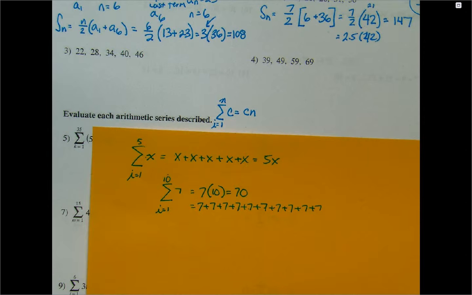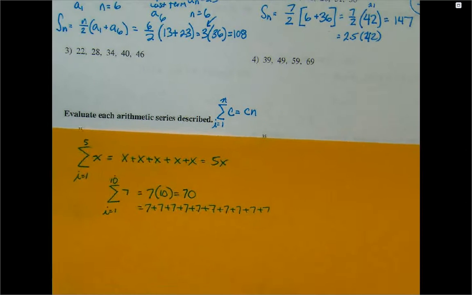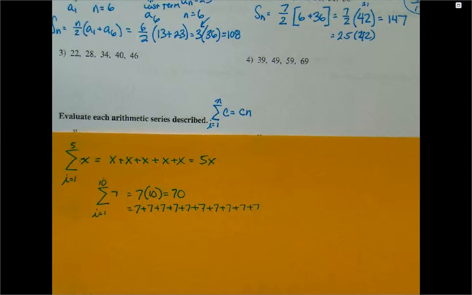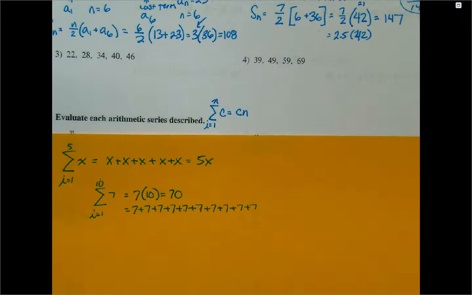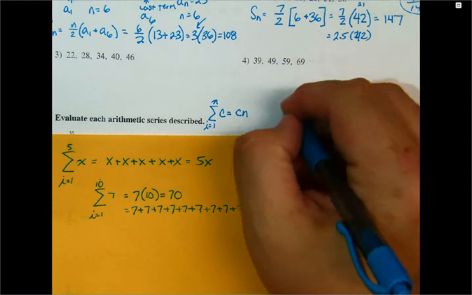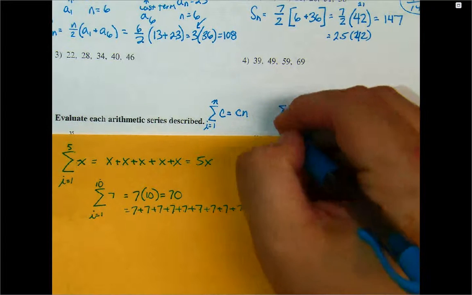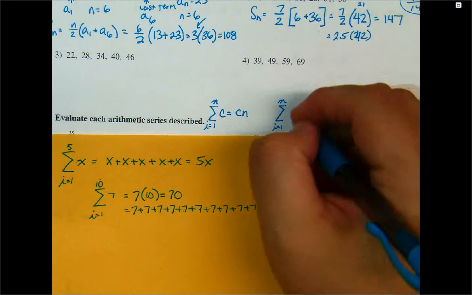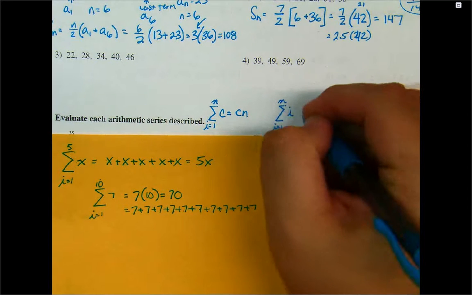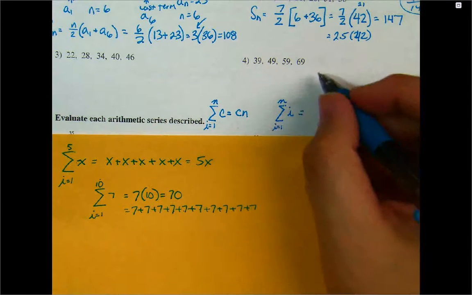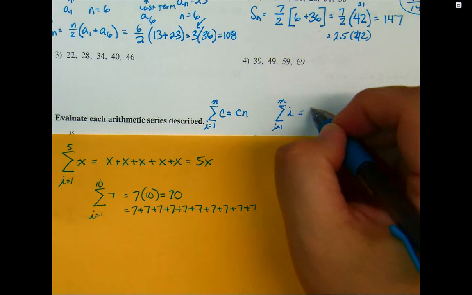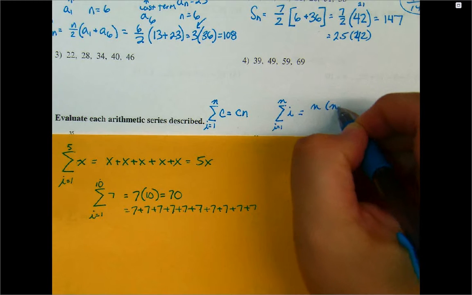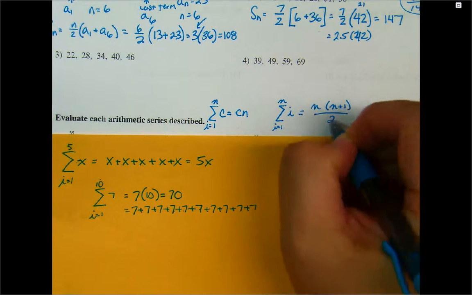Now, the other rule is this. If you have the summation i equals 1 to n of i, like a variable, it's going to be equal to n times n plus 1 divided by 2. c is a constant.